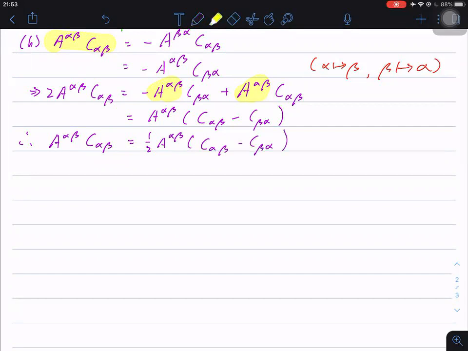Notice that this form, C alpha beta minus C beta alpha over 2, can actually be written as C with square brackets alpha beta, where this notation basically means one half of alpha beta minus beta alpha. You permute the 2 indices and add an extra minus sign. Sorry, it should be a square bracket.